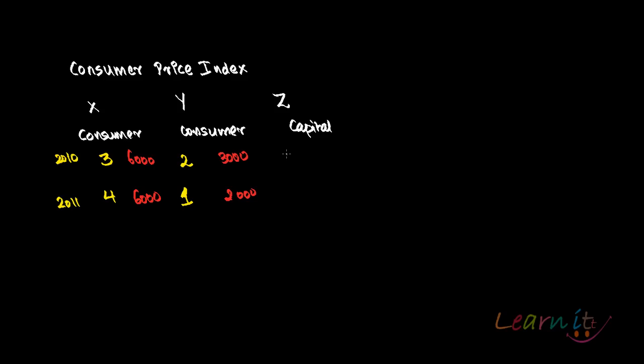Price of Z is 50 in year 2010 and quantity is say 1, while in year 2011 it is 100 and quantity is 1. Fine.